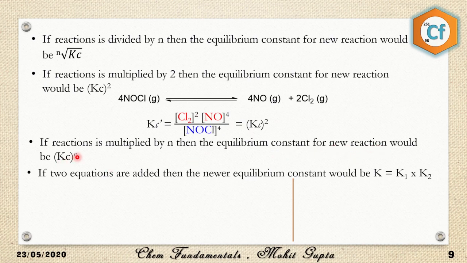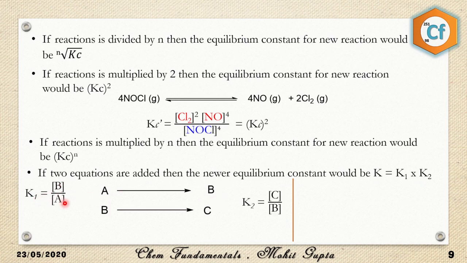Moreover, if you have two equations and you are adding them, then their equilibrium constants would be multiplied, not added. What does it mean? For this reaction, I have taken A converting into B. The equilibrium constant would be B by A. For another reaction, I have taken B giving us C. In this case, K2 is C by B. If I add these reactions, the B would be cancelled out and the overall reaction would be A giving us C. In this case, K equals C by A. How will I get C by A?